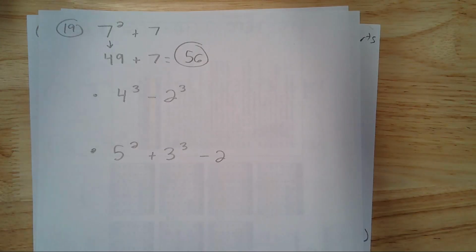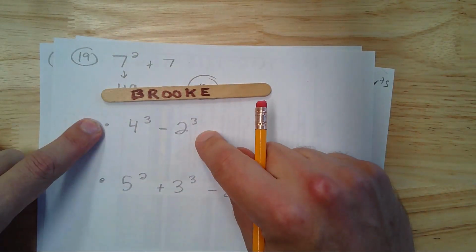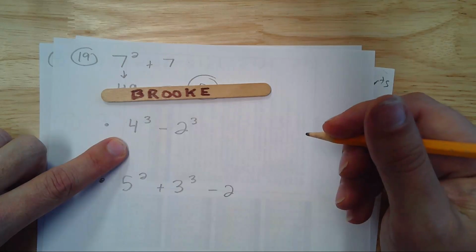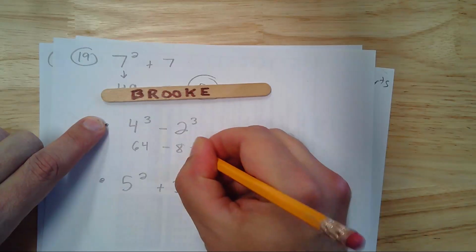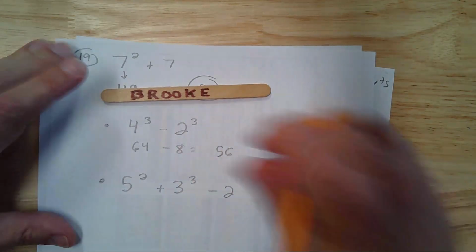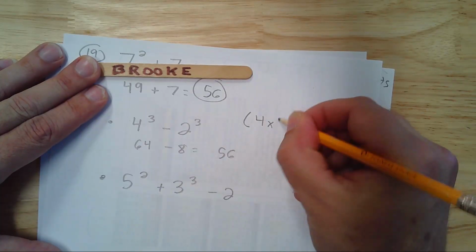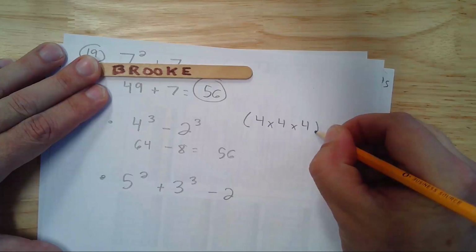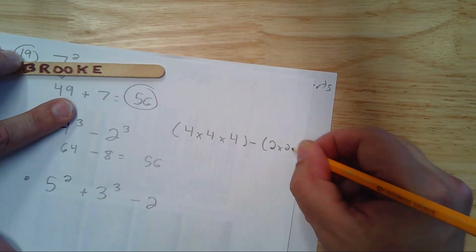All right. So the first one here. What are you seeing? What are you thinking? Brooke? I changed the 4 to the power of 3 to 64, and then minus 8, and that equals 56. If I wrote it all the way out, I'd have 4 times 4 times 4 in brackets, subtracting 2 times 2 times 2.